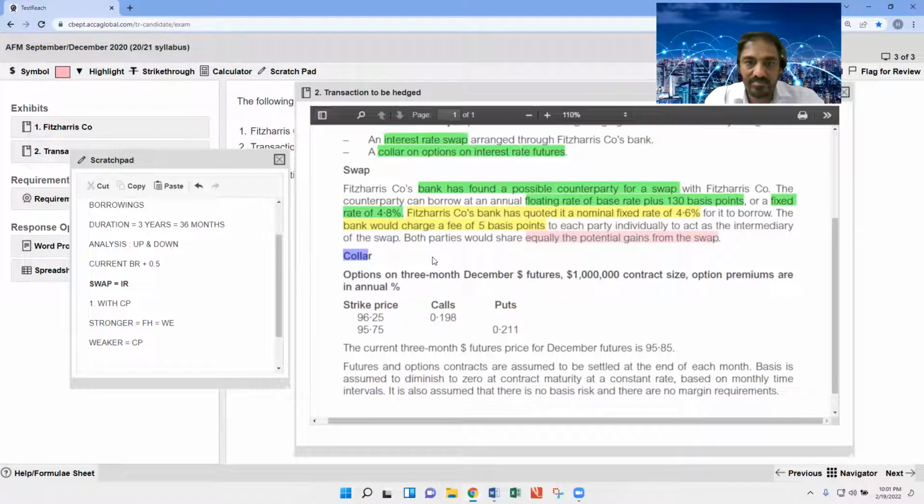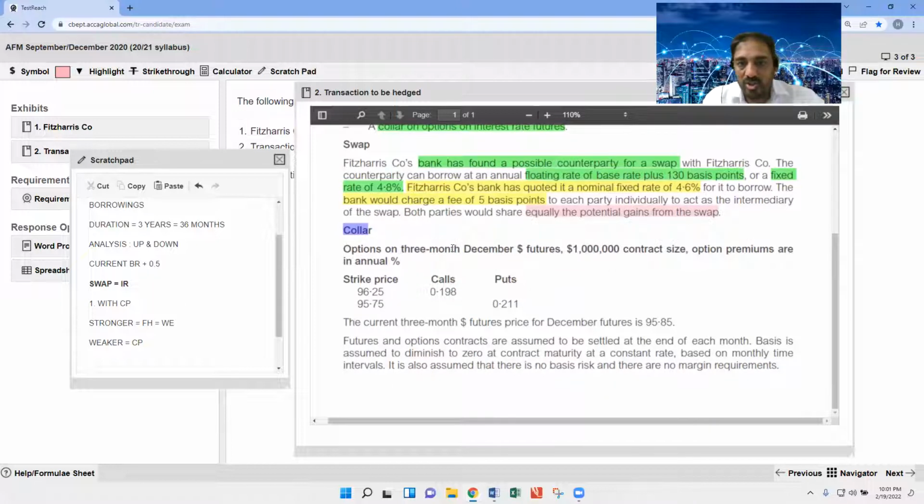That's important. So options on 3 months December futures, 100,000 contract size. An option premium in percentage, call, put, and free marks.